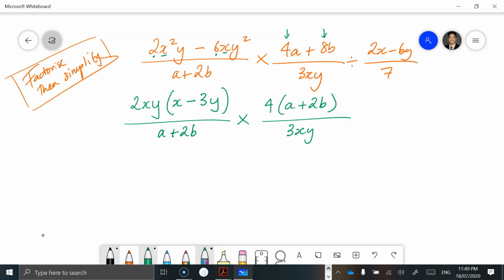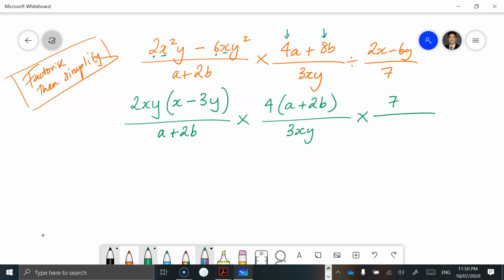Now, I want you to understand this. When you divide fractions, your tip is to change it to a multiplication and flip the fraction around to get the inverse. So anything that says the inverse, you're flipping the fraction. But what I want to do is, let's look at the top of this fraction here.